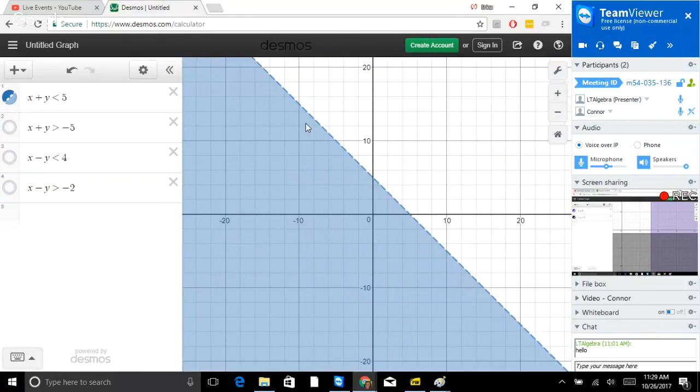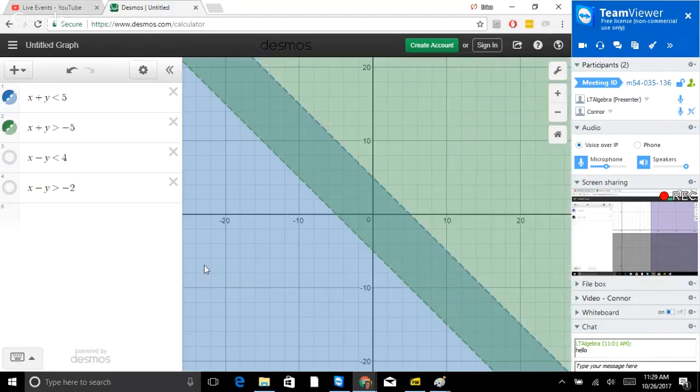Okay, so first I have the blue equation, right? X plus y is less than 5. So it's all the values that are shaded in blue over here. Can't be the ones along the line. Then I have my green graph that I overlay over the top. X plus y is greater than -5. So now I just have this band here in the middle that is true for both my values. Then I add my third equation.